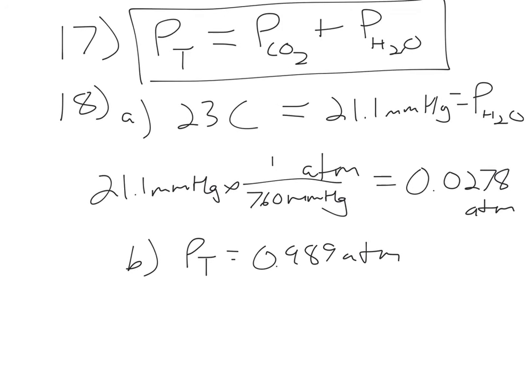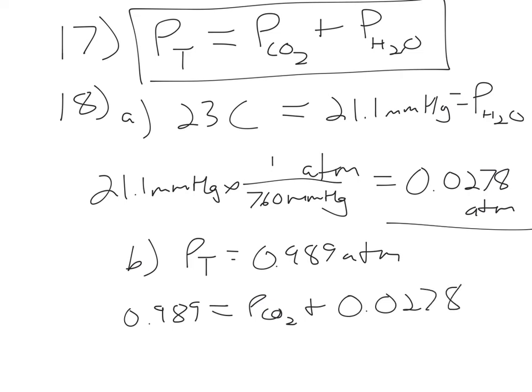So let's do all that together. So the total pressure of 0.989 atmospheres should be equal to the sum. So we have the CO2, which we don't know, plus the water, which we just calculated, was 0.0278. All right, subtract that from both sides.